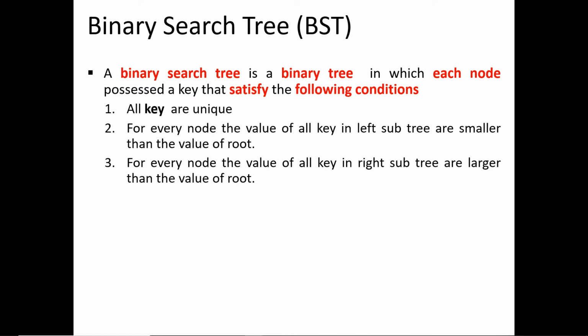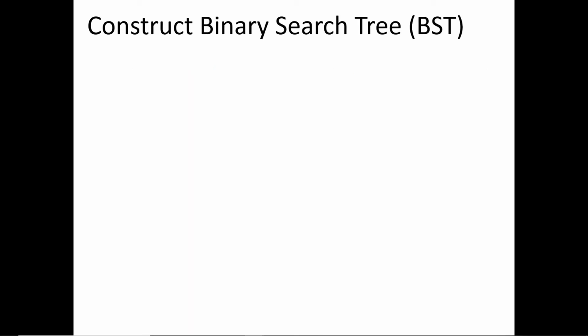And in the third condition, the right subtree has larger values than the root node. So the tree which satisfies these three conditions is called a binary search tree.